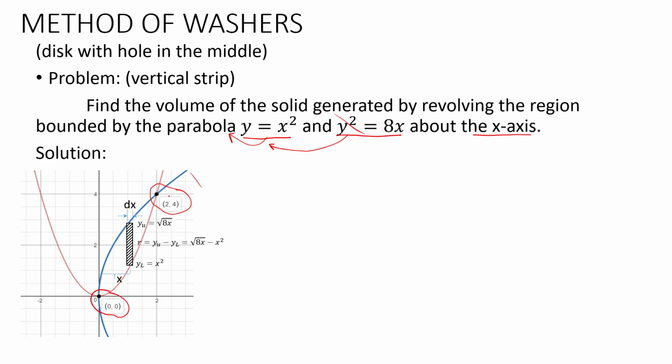Okay, so the washer is more or less the same as the disc. You're going to use the strip that is perpendicular to the axis of rotation. Since we're rotating about the x-axis, the strip that we're going to use is vertical, right? So we're going to use the vertical strip because it's perpendicular to the axis of rotation.